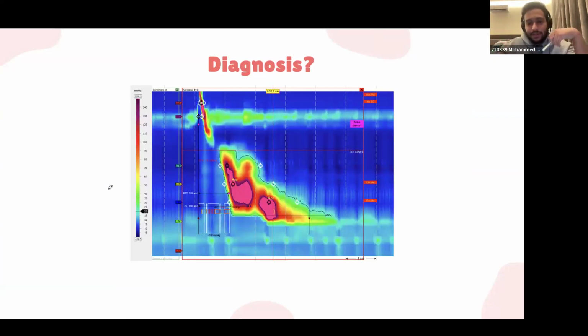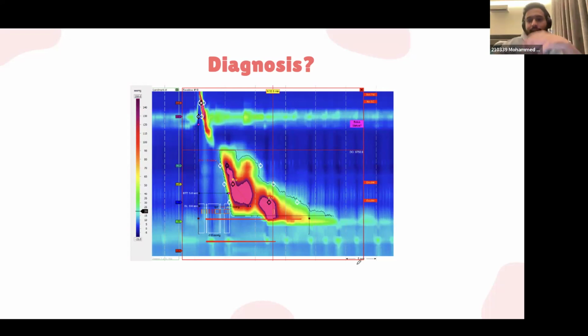Okay, for jackhammer esophagus. Is that the only thing that this patient has, or does this patient have something else? Hernia. Excellent. Good. You see 2 lines here. One line, which is the lower esophageal sphincter. The other line is the diaphragm. Okay. So they have 2 things, jackhammer esophagus and hernia.